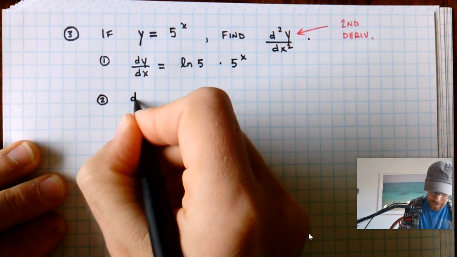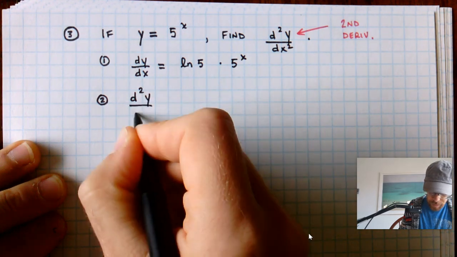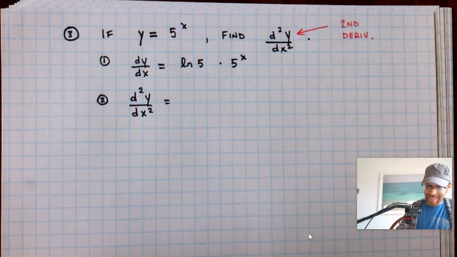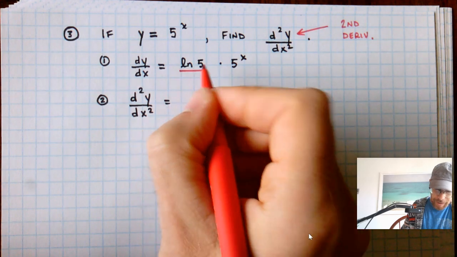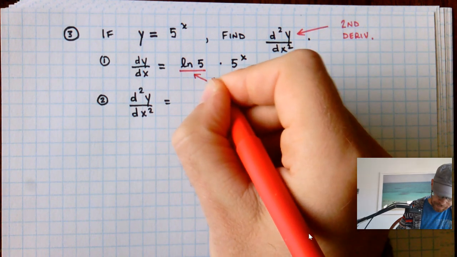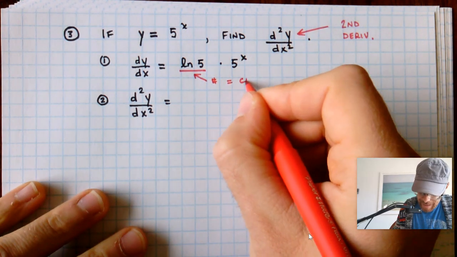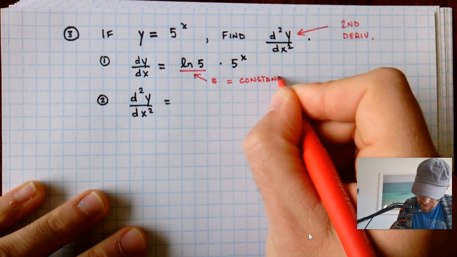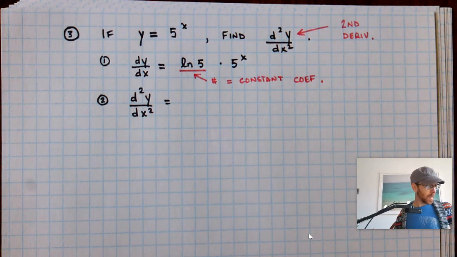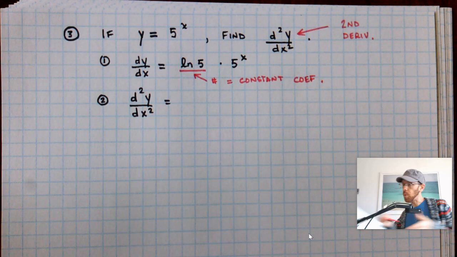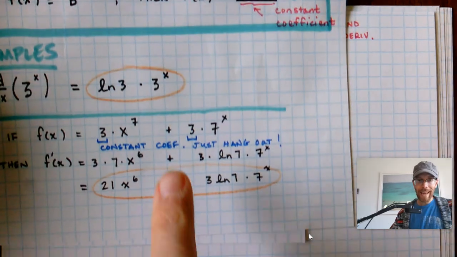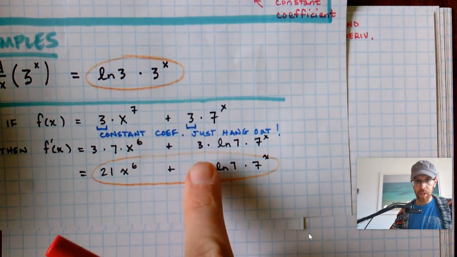Step 2, let's now take the derivative of the derivative. When we do that, you got to think a little bit about this guy right here. This is a number. And that means that it is a constant coefficient. Look back at the last example that we did. On that last example, so disorganized. Oh, here you are. When we had a constant coefficient, the 3, it just hung out.